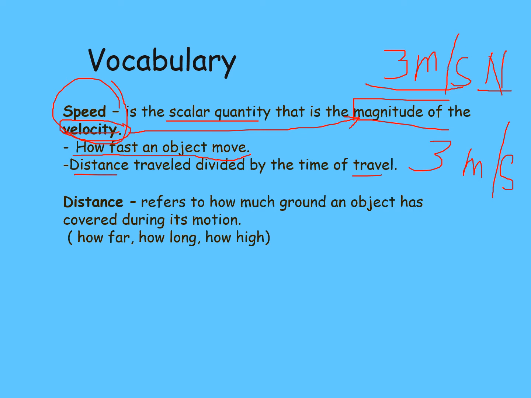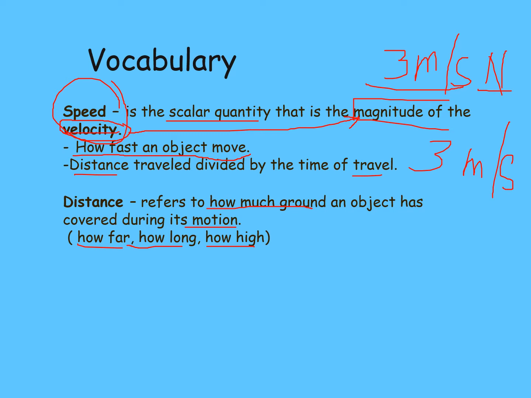Distance refers to how much ground an object has covered during its motion. Distance is also described by how far, how long, and how high. These three phrases will help us determine the problem if we are solving a word problem.